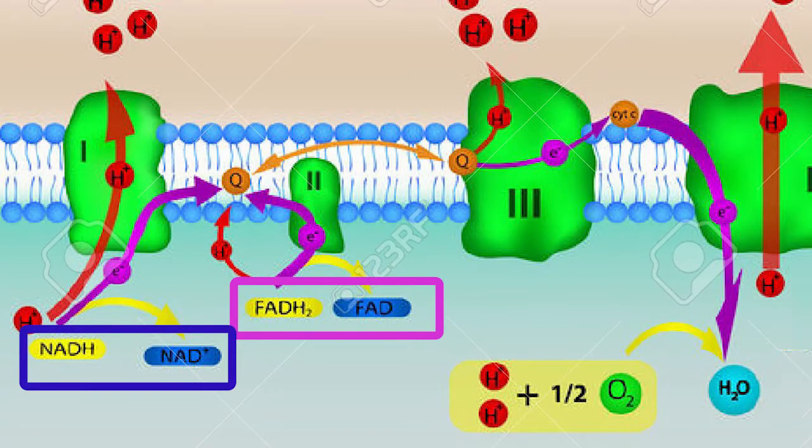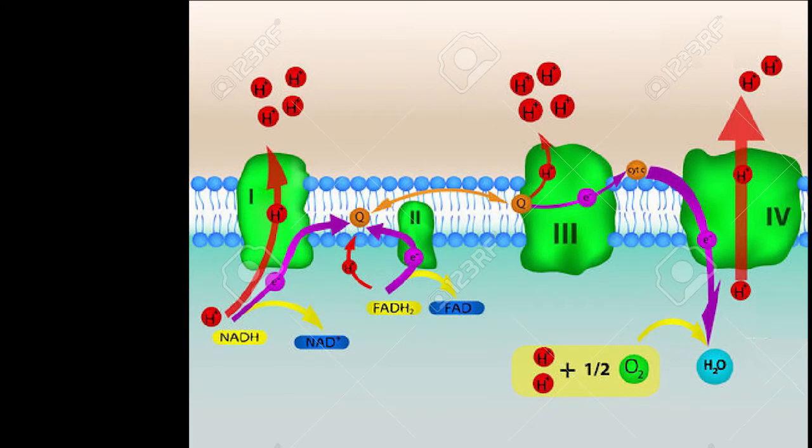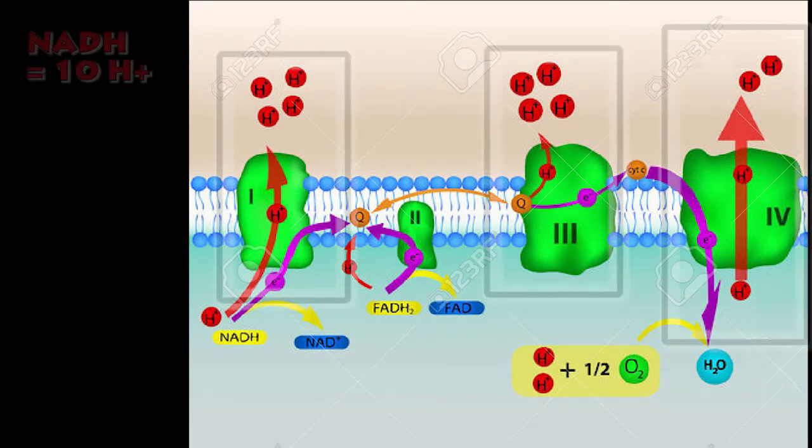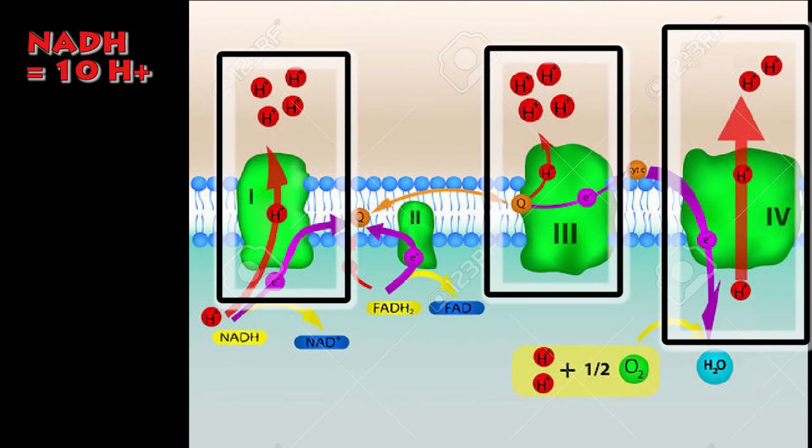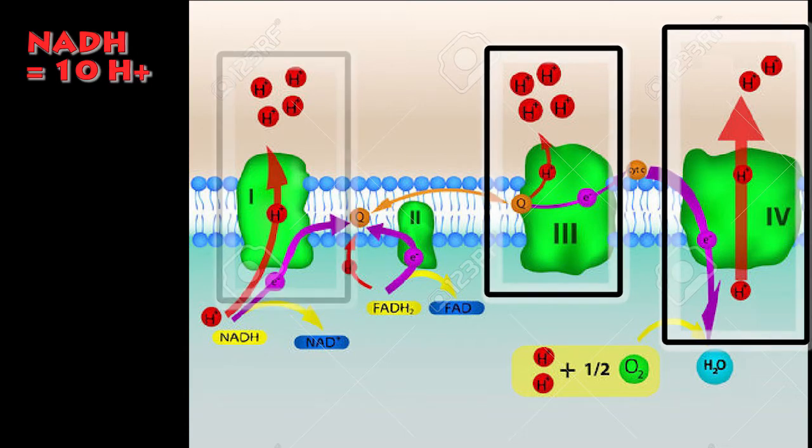Notice that FADH2, this type of battery, only works with complex 2, and NADH only works with complex 1. Because NADH works with complex 1, all 3 pumps are activated because electrons go through all 3. And as a result, we have 10 protons that are pumped.